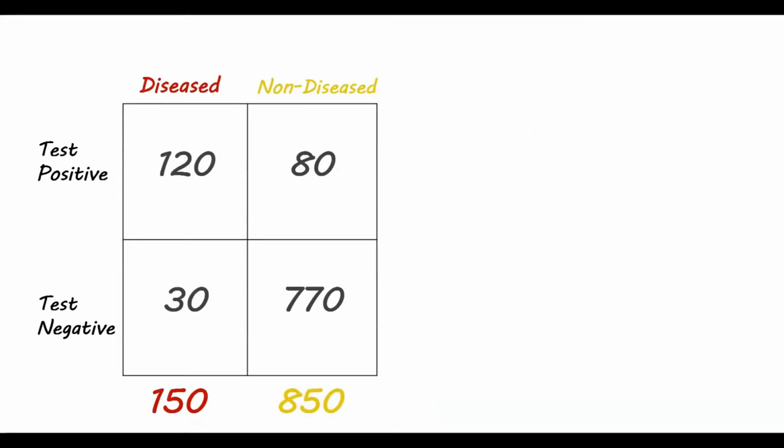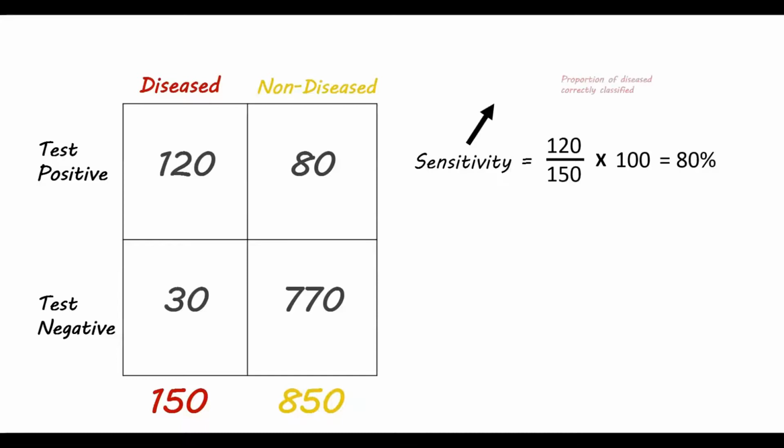The sensitivity of the test is calculated as the number of diseased individuals who are correctly classified divided by all diseased individuals. So 120 divided by 150 times 100, which equals 80%. In other words, the sensitivity is the proportion of diseased individuals correctly classified, and that's 80% in this case.